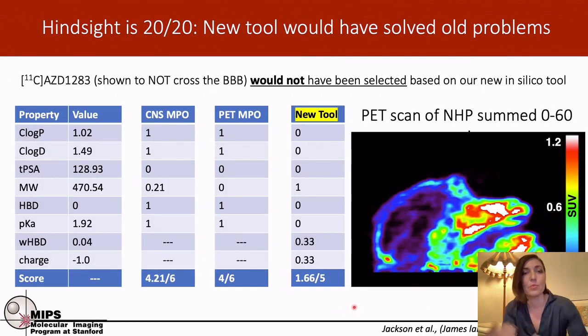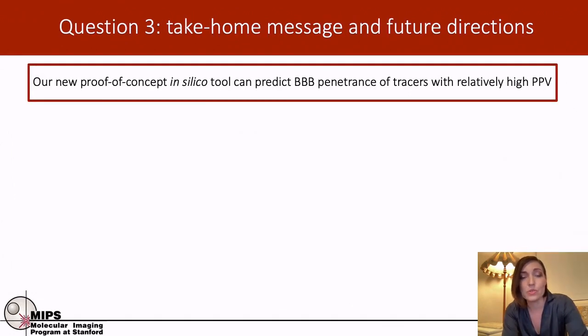And then what I think is most powerful is we went back and ran our old molecule, the one I first showed you, through our new tool, and it got a score of 1.66 out of 5, and that we would have never picked. Anything less than a 2 you would not pick using our new tool. So we never would have made that mistake. Hindsight is 20/20. We've validated our own tool, and we're validating it more at the moment.